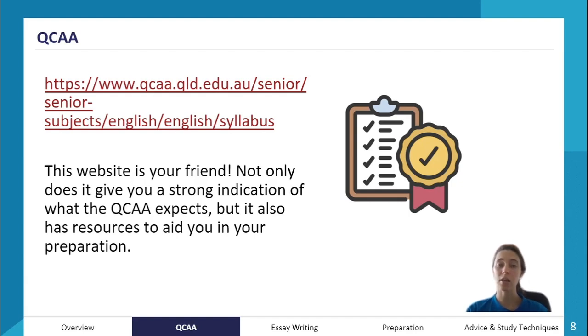You'll see that things like analyzing the cultural assumptions, attitudes, values, and beliefs, looking at concepts and times and places, and looking at perspectives and representations are all common things that are required across the different pieces of assessment. So keeping those things in mind for your external exam too will be really handy.